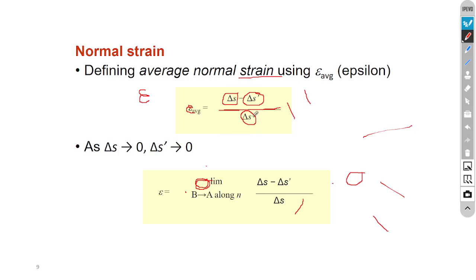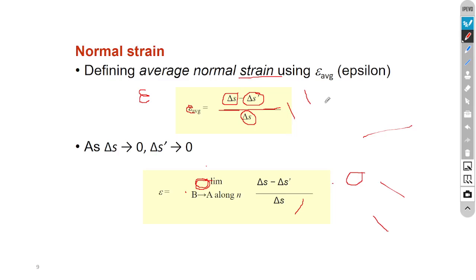But if we substitute the distance between the selected points while the body is under the action of the loading, the initial distance minus the distance under loading divided by the distance under loading, then the strain will be the true strain. In metal forming, studying metal forming processes, we use true stress, true strain. The strain is dimensionless. Distance divided by distance, it is dimensionless.